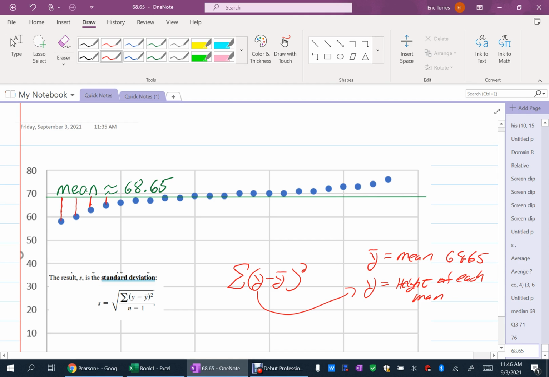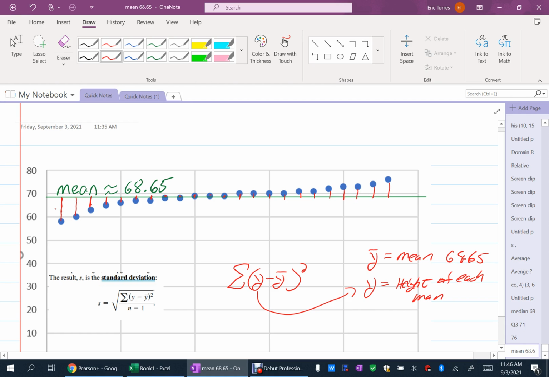Each one of them is between the height of the person and the actual mean, and so each one of them will give me some value. I should have a number for each one of these people.